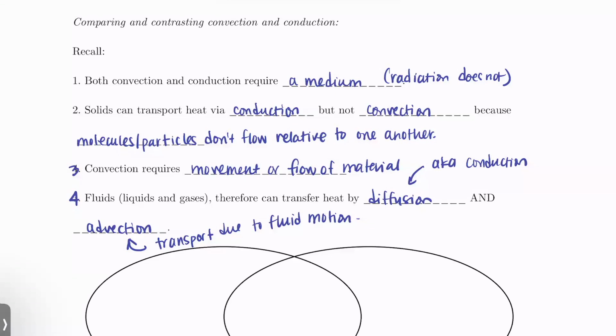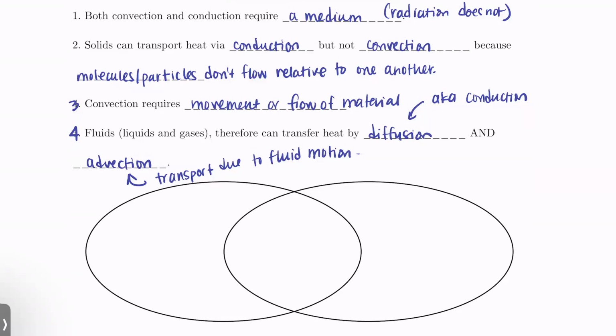It'll also disperse via advection if the water in the bucket is moving. So if you're sloshing it around or you stir it with a spoon, it'll transfer faster, right? So we can think of convection as the heat transfer that involves both heat diffusion as well as advection.